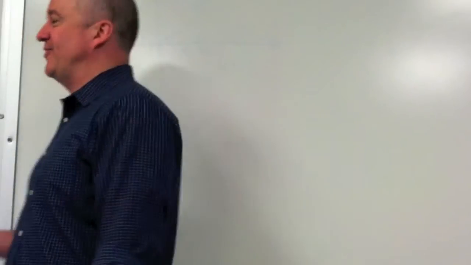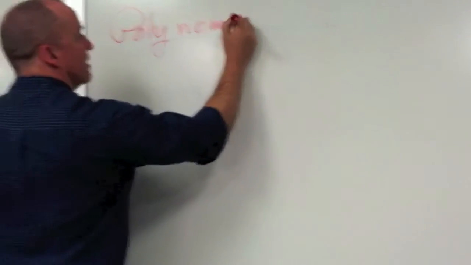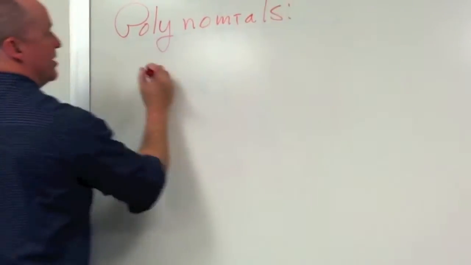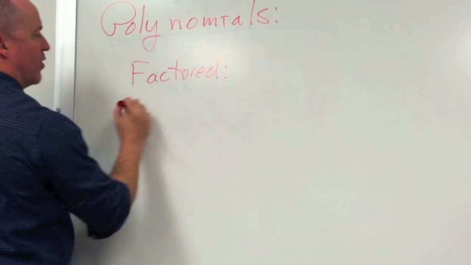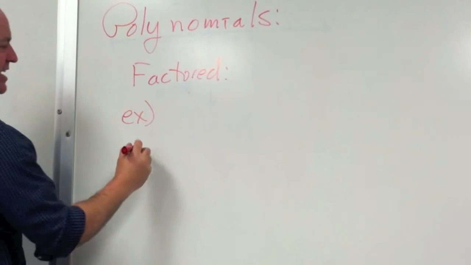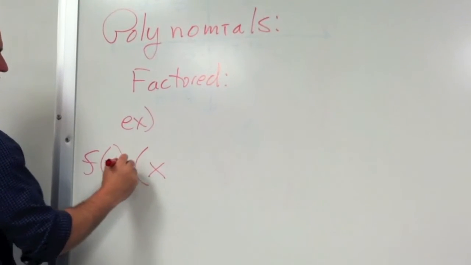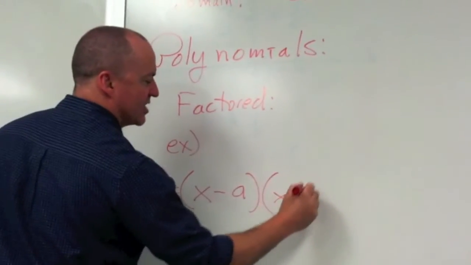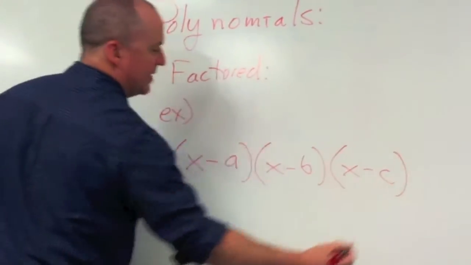Polynomials can be in factored form. I'm not going to go into much detail about this today, we'll get back to it. For example, I can have f of x equals x minus a, times x minus b, times x minus c.